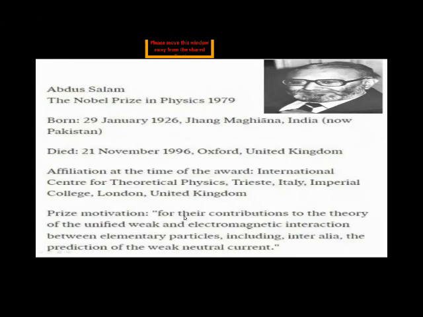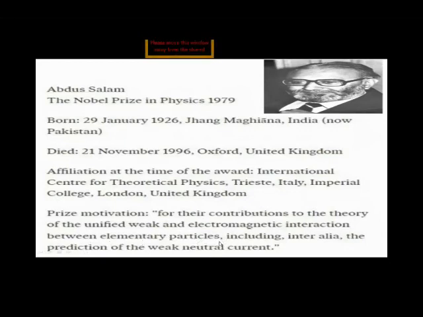The prize motivation, meaning from where he got the prize: for their contribution to the theory of the unified weak and electromagnetic interaction, in their work on the principle of the weak and electromagnetic interaction between elementary particles.